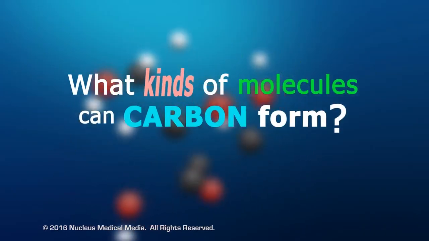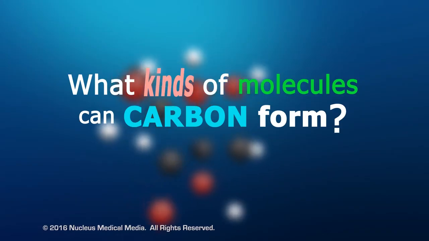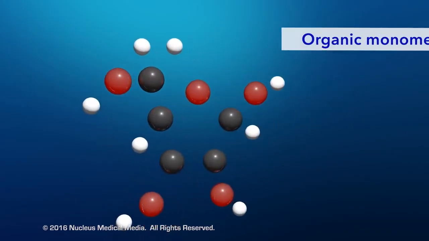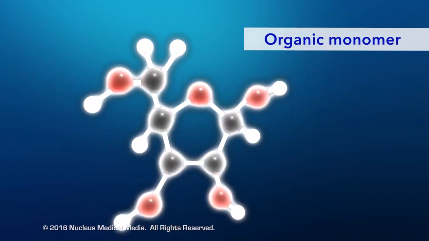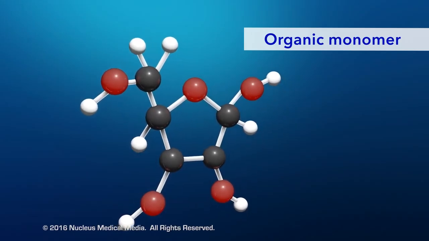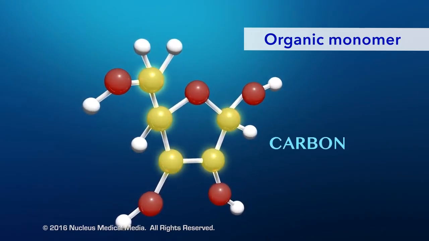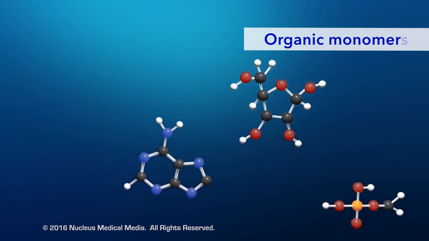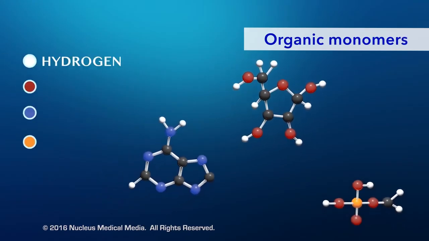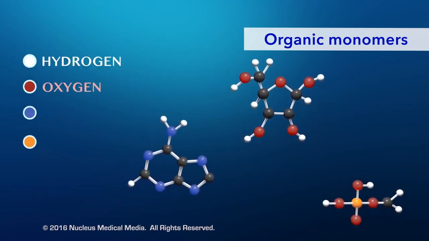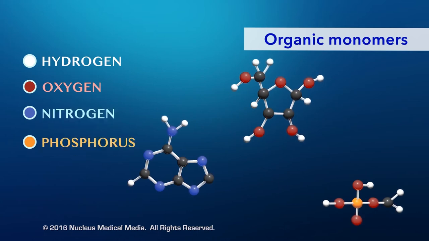So, what kinds of molecules can carbon form? Well, small organic molecules called monomers are chemically bonded atoms that always include carbon. In addition to carbon, organic monomers usually contain hydrogen and oxygen, possibly along with nitrogen or phosphorus.